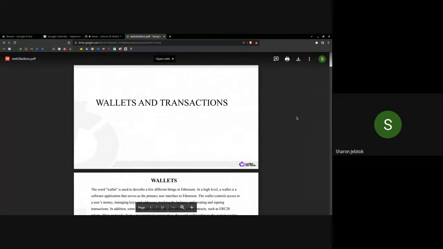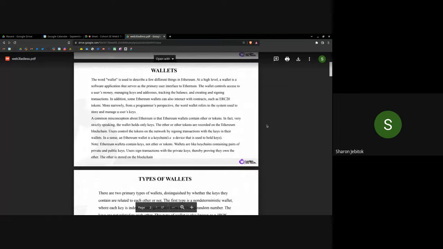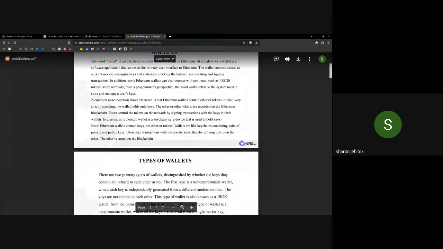Okay, I hope you can see my screen. Yes, I can. Okay, thank you. For yesterday's class, we started by covering wallets and an introduction to wallets, what they do. Then we covered the types of wallets, like the deterministic wallet and the non-deterministic wallet, and what each one does.